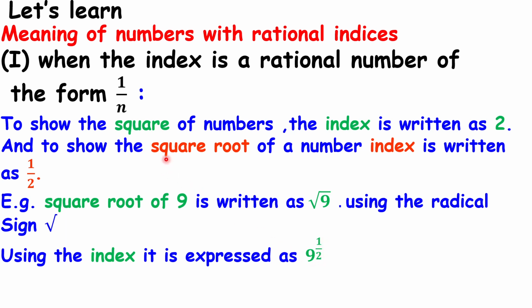In index form, the square root is shown by written as 1 upon 2. So square root of 9 is written as 9 raised to 1 upon 2. Therefore, in radical sign, square root of 9 is equal to 9 raised to 1 upon 2.